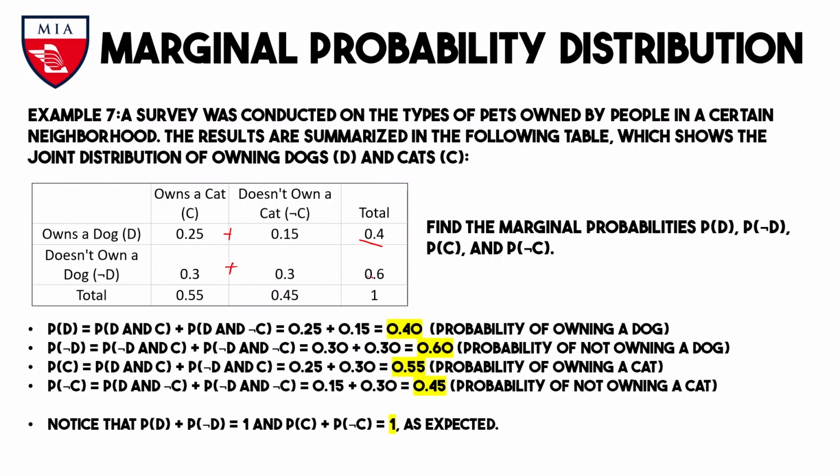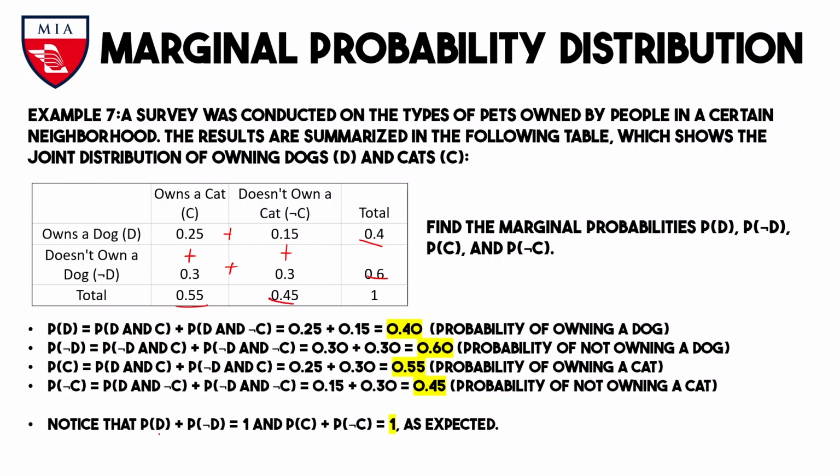So, we have 0.6. Next, in P of C, okay, we just need to add the values here. So, we have 0.25 plus 0.3. Therefore, we have 0.55. Next, we have P of C-bar. So, all we need to do is add 0.15 plus 0.3. So, we have 0.45 here.